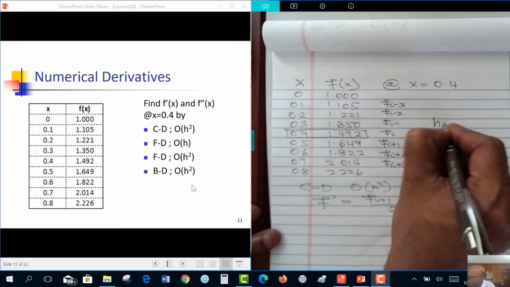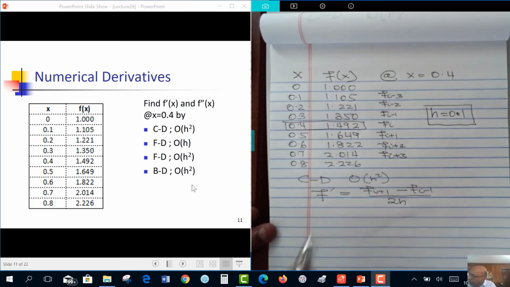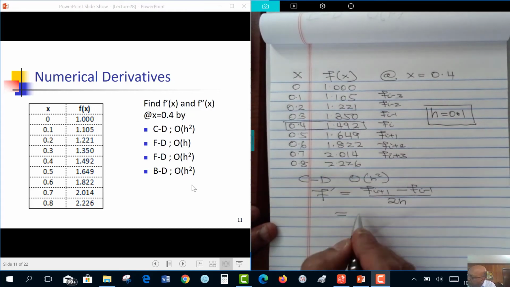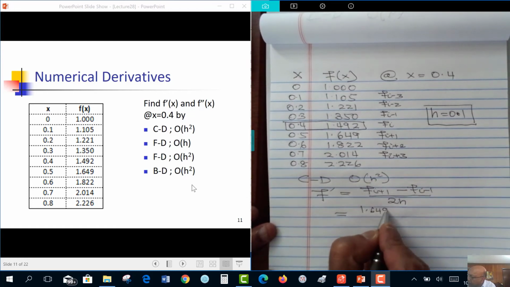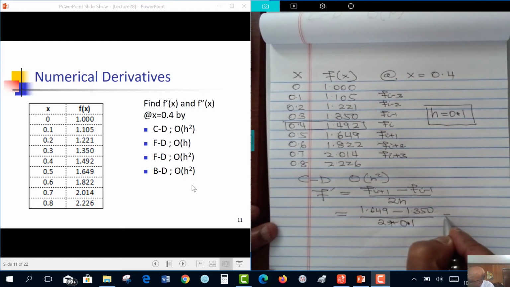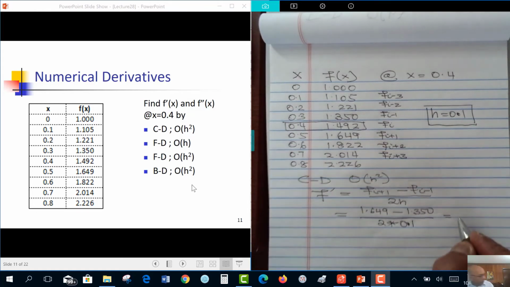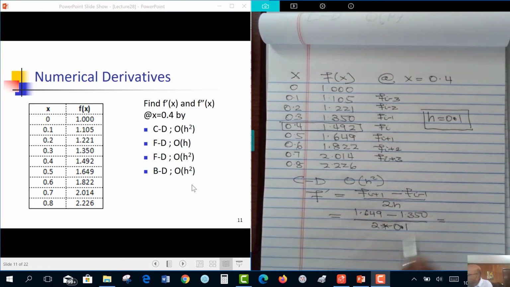Our spacing here is 0.1, remember. So this is 1.649 minus 1.350 divided by 2 times 0.1, and we will get 1.495.